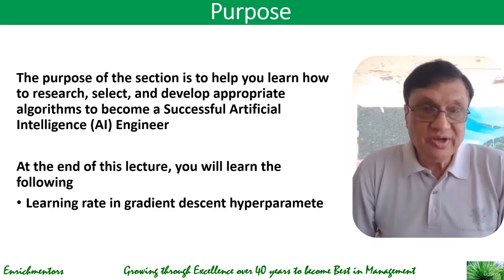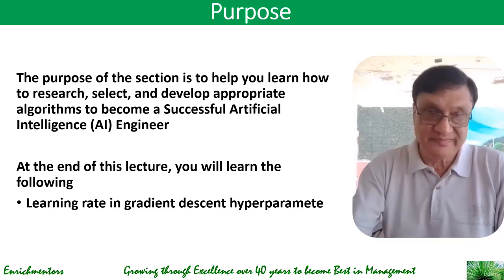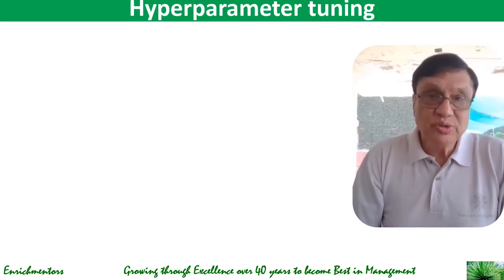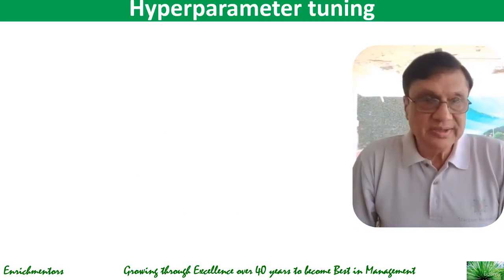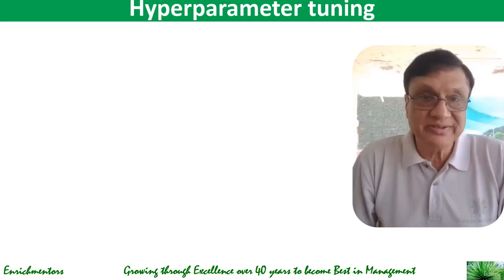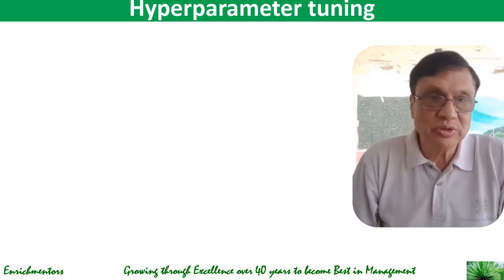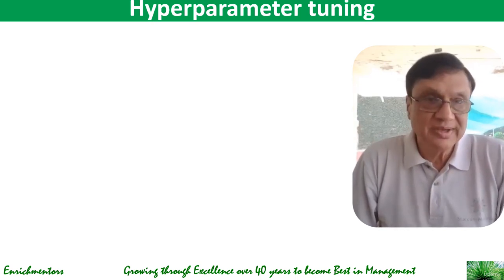In this lecture we will talk about hyperparameters, and one of the hyperparameters, the learning rate in gradient descent. Hyperparameter tuning involves using hyperparameters. Those are the parameters that are set prior to model training and control the learning process of the model.